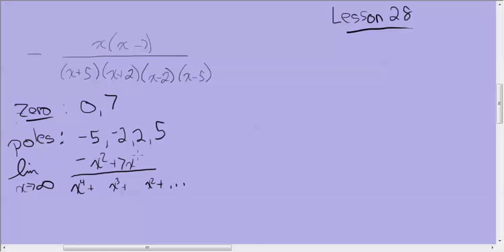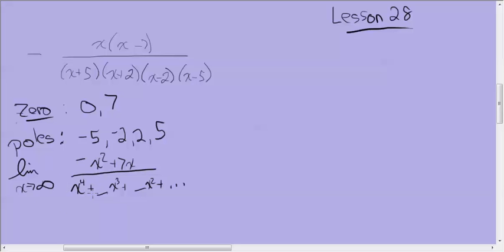Okay, why do I not care what those coefficients of x cubed and x squared are? What's our rule for finding the limit as x approaches infinity? We look at the denominator.